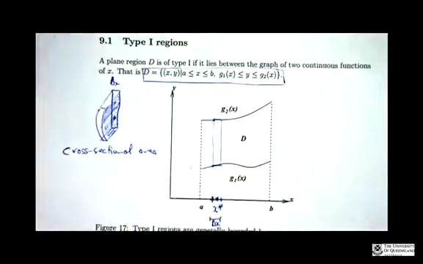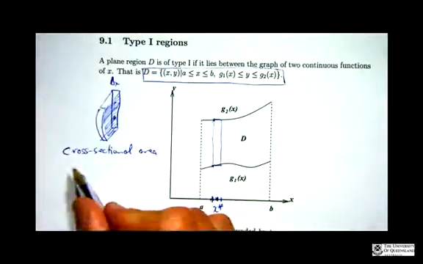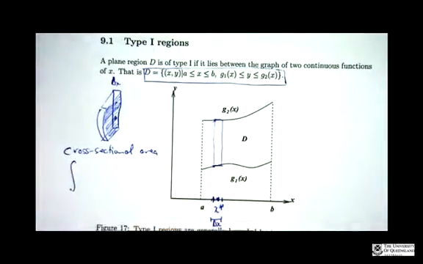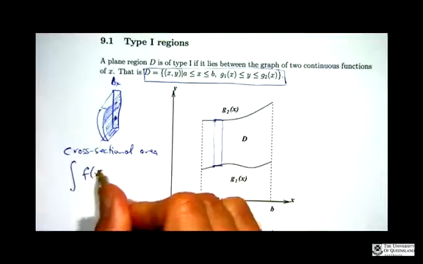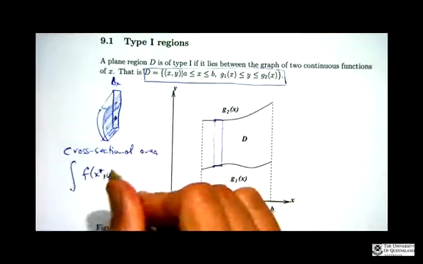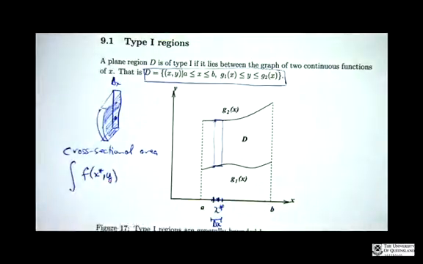In this case, the cross-sectional area will just work out to be the integral of the function f of x star and y. So this is just a function of y only now, right?